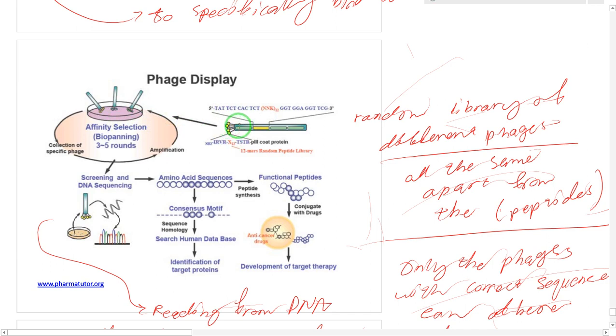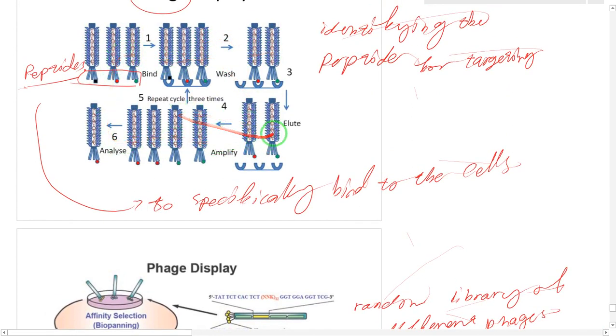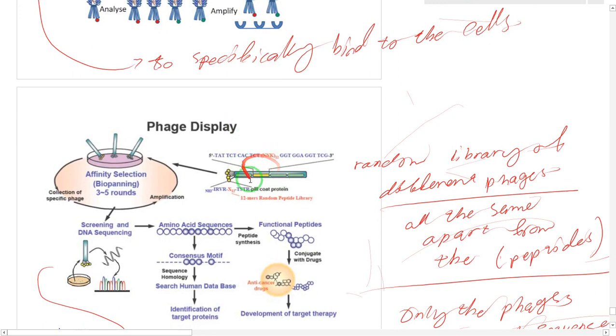We want to know the right sequence of the peptides which are useful for our application, and in order to find it, we use a library of different viruses which have been genetically engineered, and they display different types of peptidic sequences. We introduce them into our sample. We have the cells, and it can be anything that we want to assess the affinity towards.